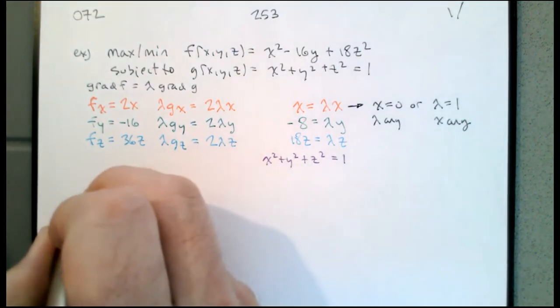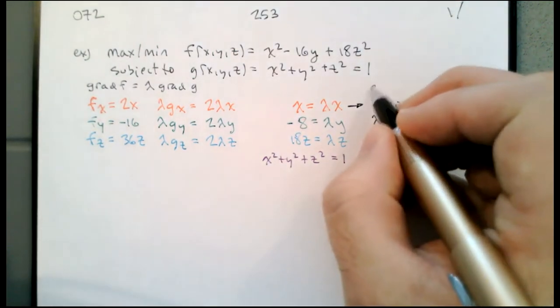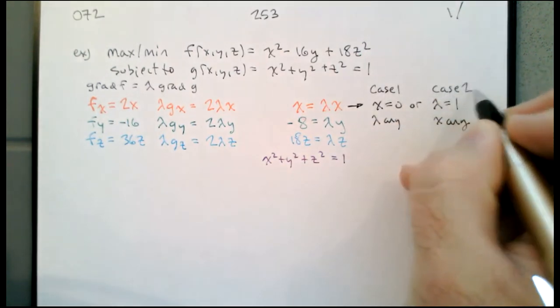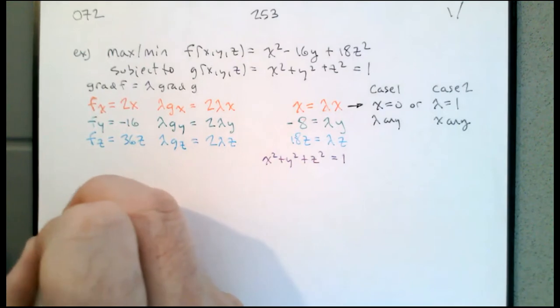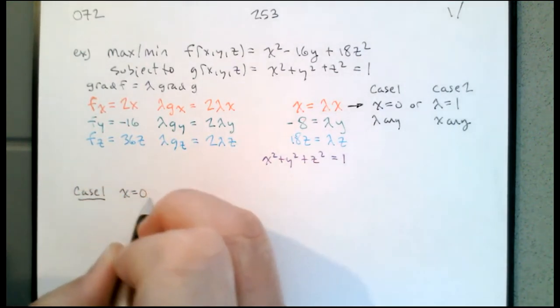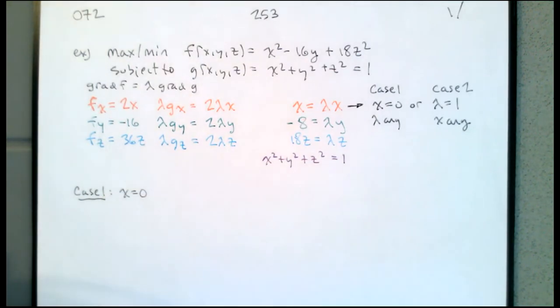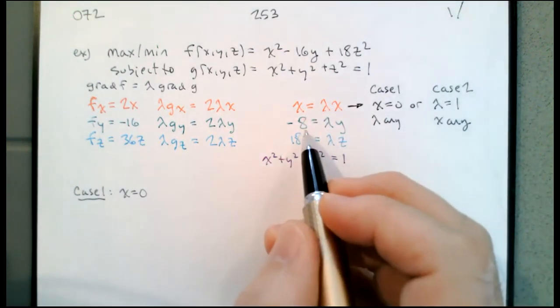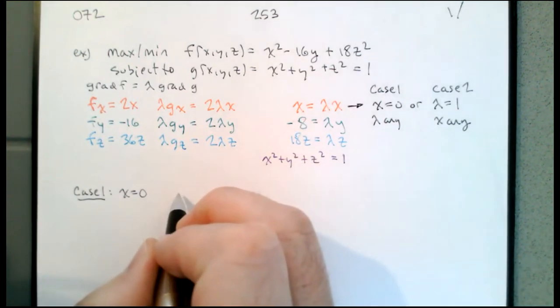If x is equal to 0, let's take the first case where x is equal to 0. If x is equal to 0, that means this first equation, well, doesn't tell us anything. And we get the -8 equals lambda.